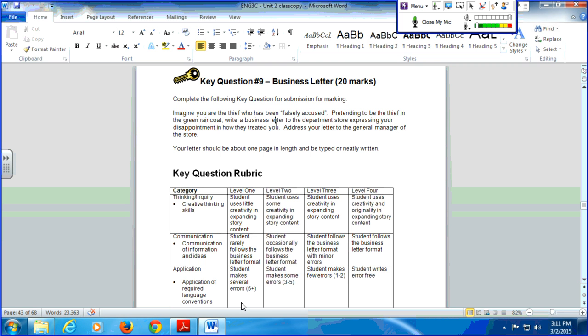Pretending you are the thief in the green raincoat, write a business letter to that department store expressing your disappointment in how they treated you. Address your letter to the general manager of the store. Your letter should be about 1 page in length and be neatly typed or written.